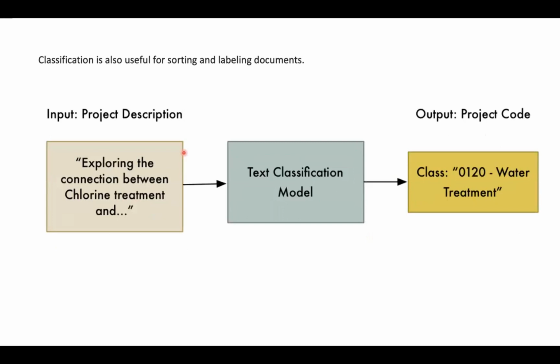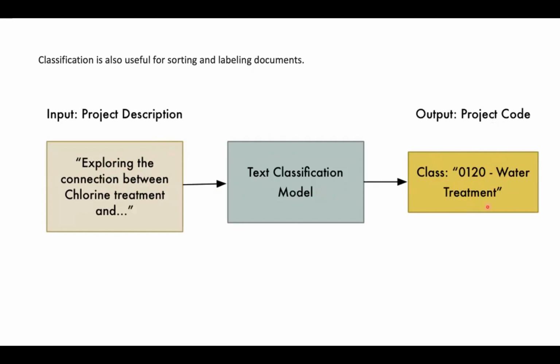Instead of reading through every project summary document and trying to decide which project code is the best match, you could classify a random sampling of them and then build a classification model to automatically code the remaining ones. In this example, you provide the project description as input to the classification model, and the model predicts the project code as output. So this is code 0120, water treatment.